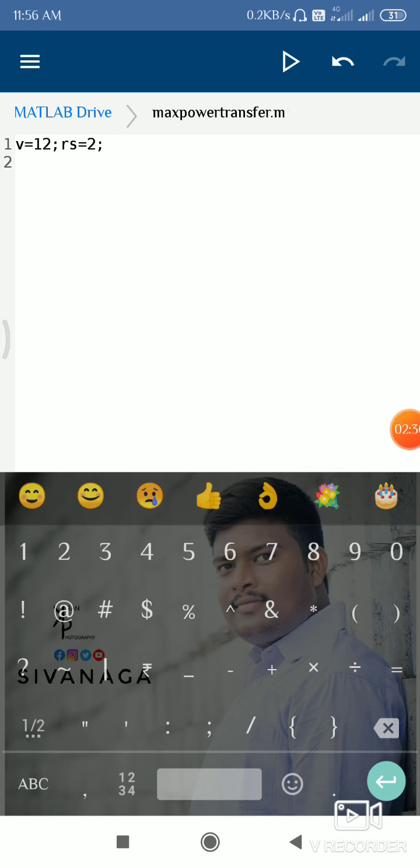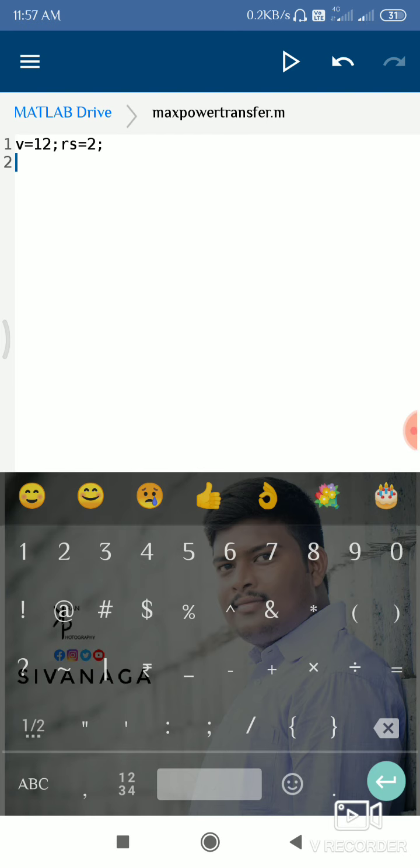Now I vary the load resistance from 0 to 4 ohms with a step of 0.1 ohm. Initially I take the parameters V source equal to 12 volts and source resistance equal to 2 ohms.